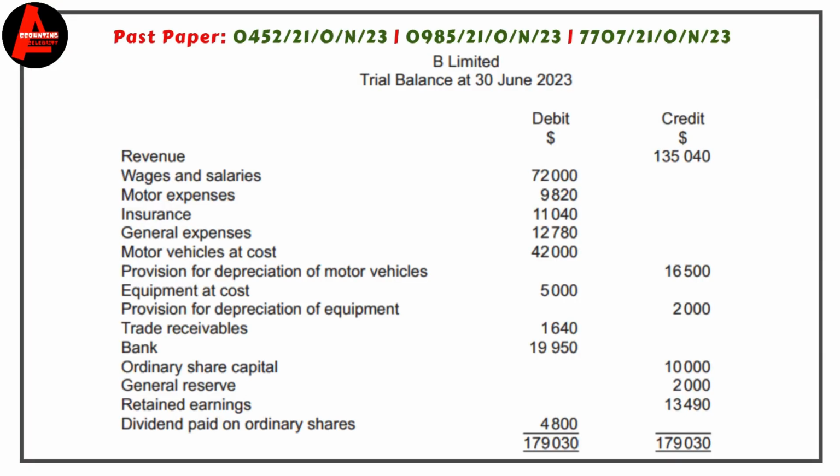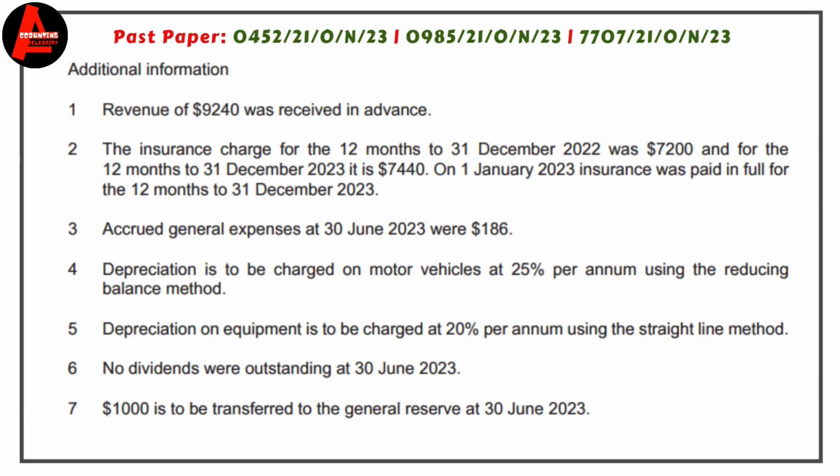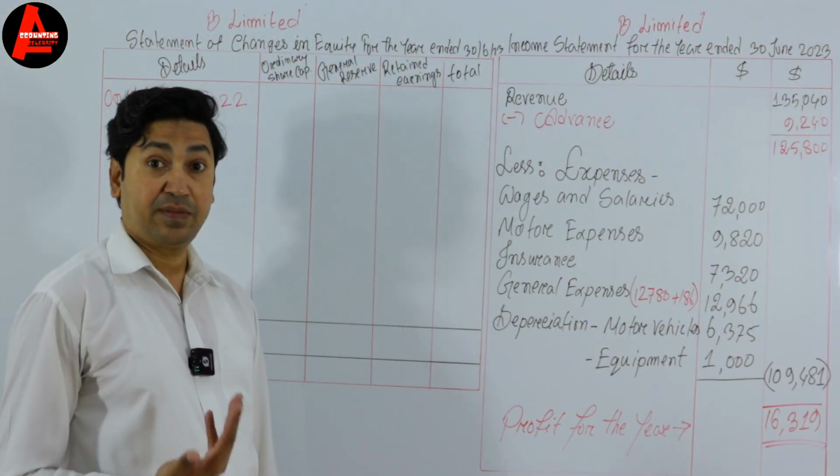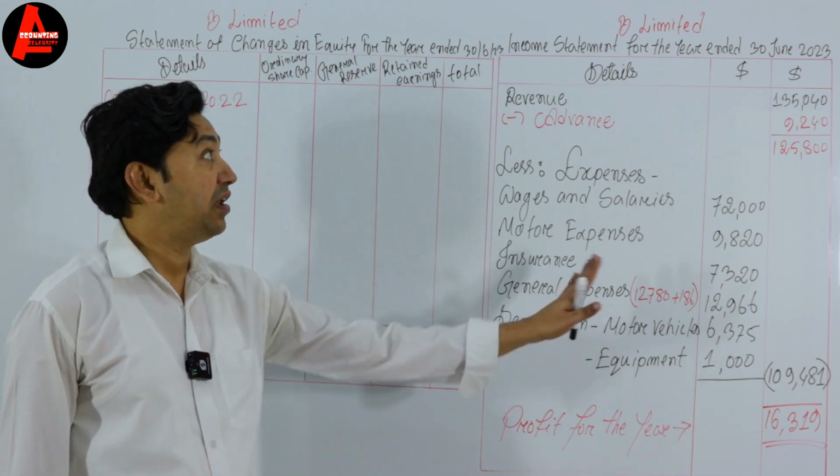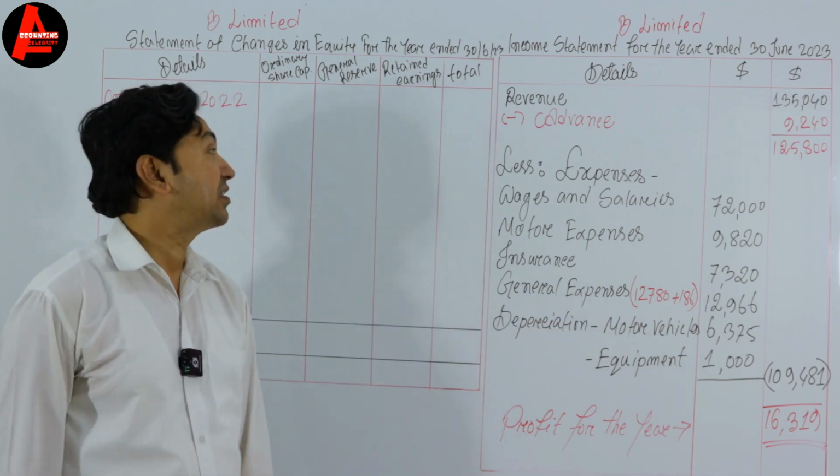The trial balance of B Limited at 30 June 2023 was as follows, with a list of balances and seven adjustments. Relevant things will be taken here, and all other expenses and revenue we have taken in the income statement.